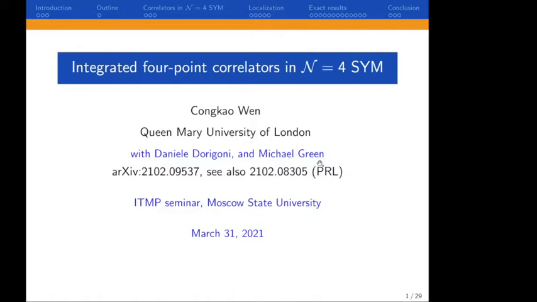He has a joint position at Queen Mary and Cambridge. I think they are both in the audience. The talk will mainly be based on this recent paper. We also summarized some of the main results in this short letter.